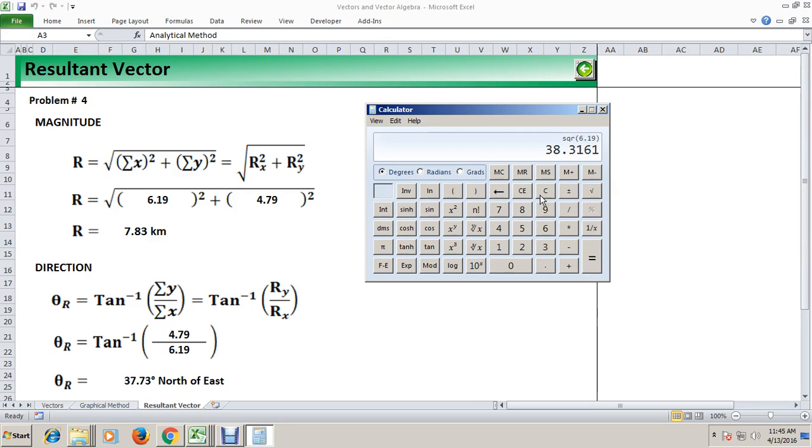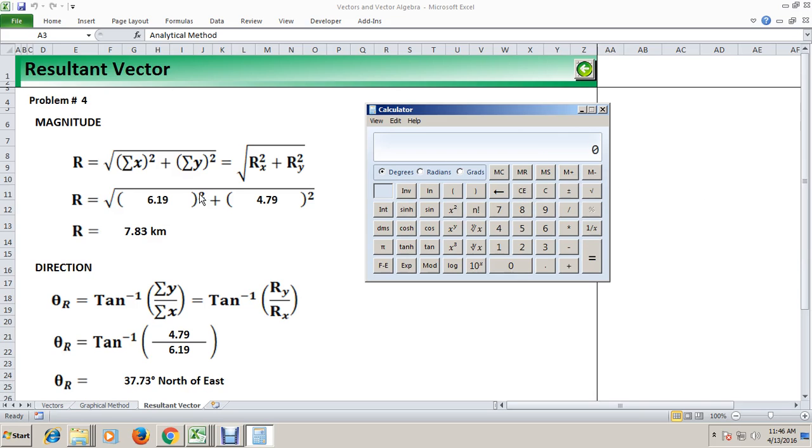Take note of that. I'll be clearing up the screen. And next is 4.79. We'll be squaring this one. So the result is 22.9441. I'll be clearing up the screen again.